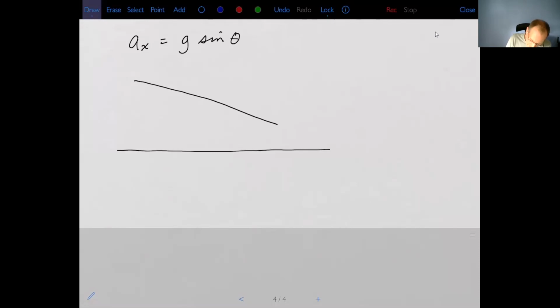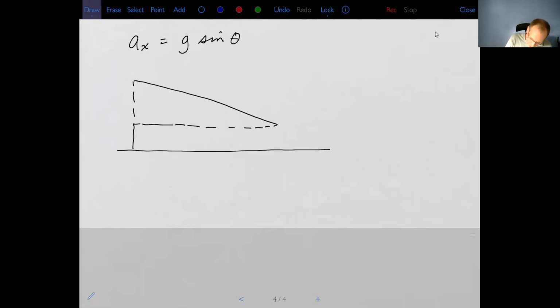So again, we found that the acceleration should be g sine theta. But let's say that this is the air track. And we know its length, right?